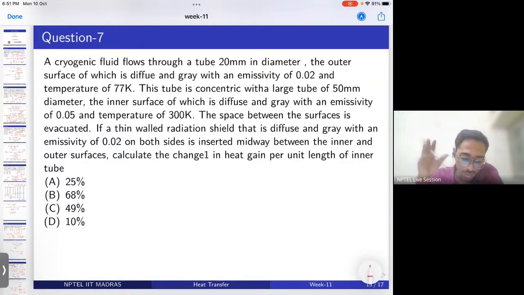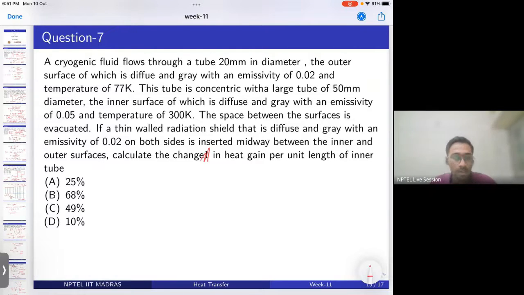The space between them is evacuated, to restrict the other two modes of heat transfer, that is conduction and mainly convection. If a thin-walled radiation shield that is diffuse and gray with an emissivity of 0.02 on both sides is inserted midway between the inner and outer surfaces, calculate the change in heat transfer per unit length of the inner tube.